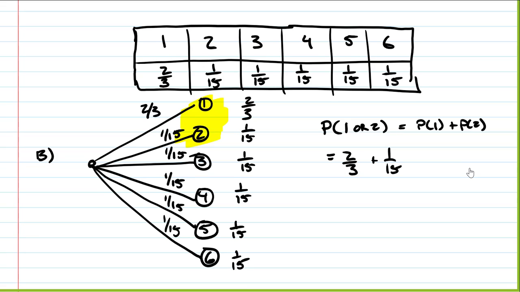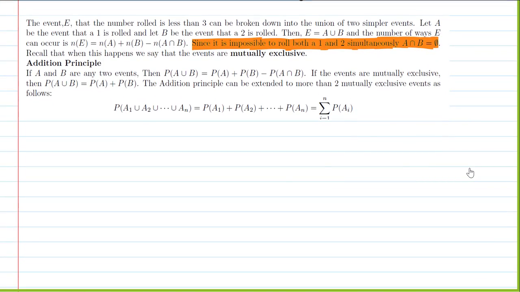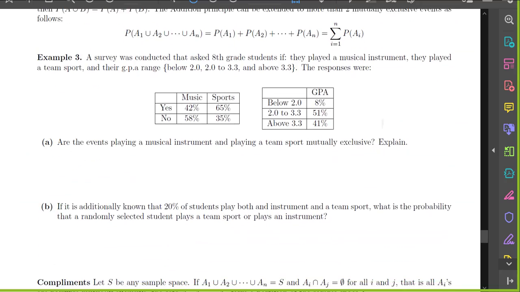So when events are mutually exclusive, their union, or their OR, is just the sum of the individual events. All right, let's keep going with that idea.